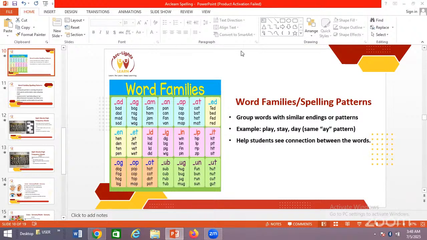Any bright answers? Just say what you feel. Nobody is marking any script here. What comes to your mind when you hear the word family? I mean, word families. How do you think it will help in spelling? Yes, I can see you.